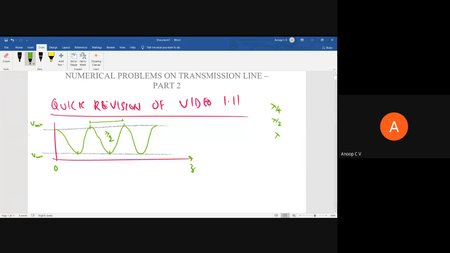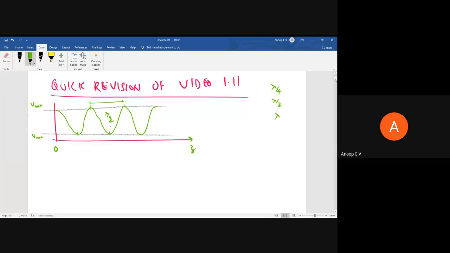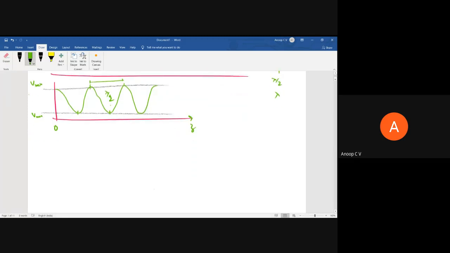Also we have seen how we get the standing wave. Vmax in general is equal to V plus e power minus alpha z plus V minus e power alpha z, which can also be written as V plus e power minus alpha z into 1 plus mod of gamma.